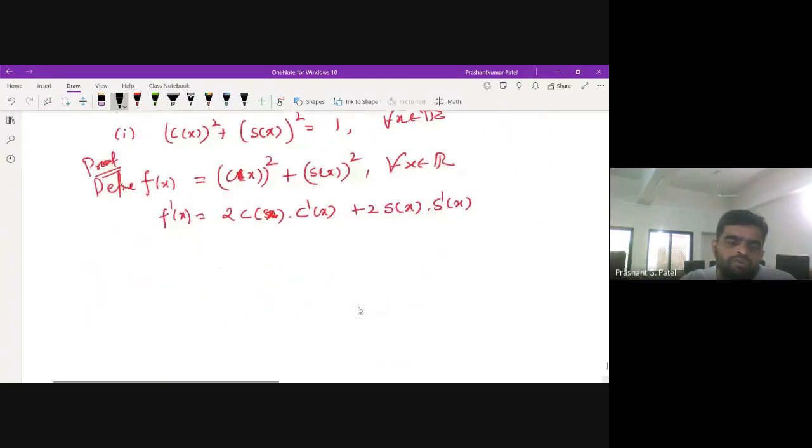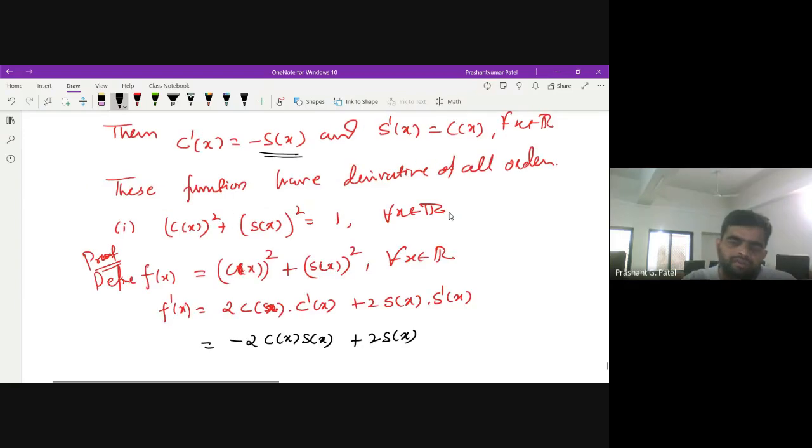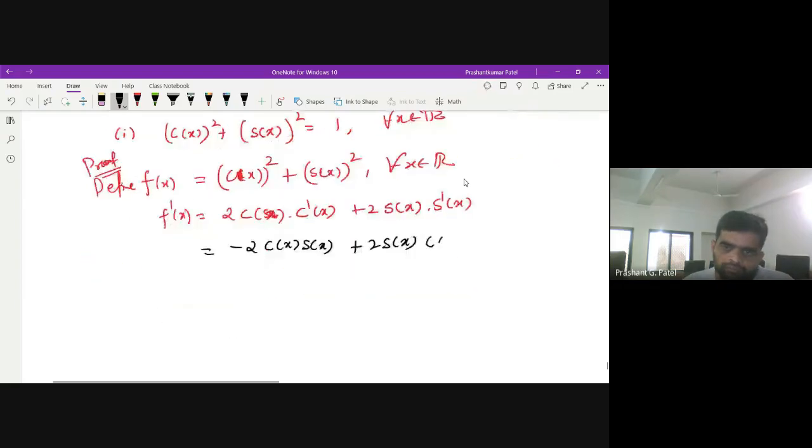So this gives me 2 times minus c of x into s of x plus 2 s of x, and the derivative s dash gives you c of x. And so this is 0. And this is true for every x in R. So the derivative is 0 for every x. So therefore f of x is a constant.